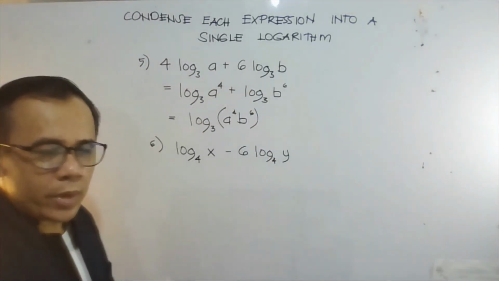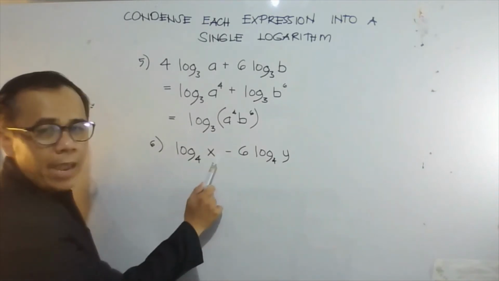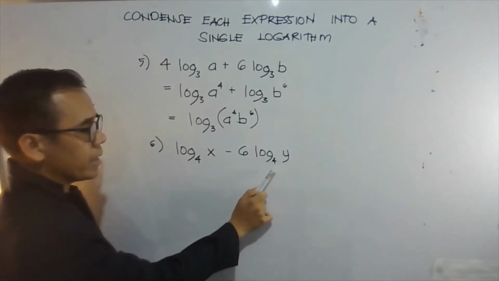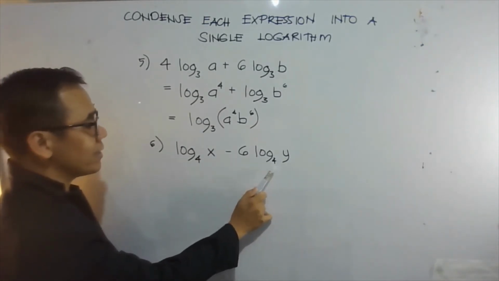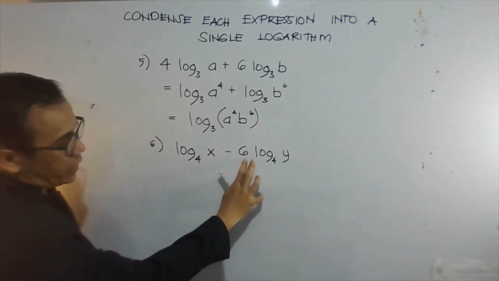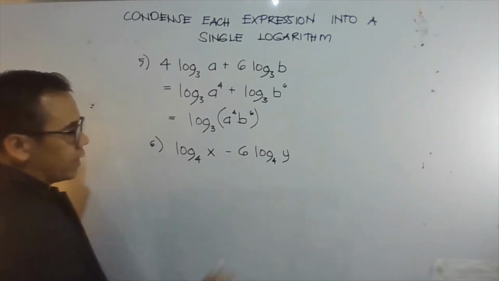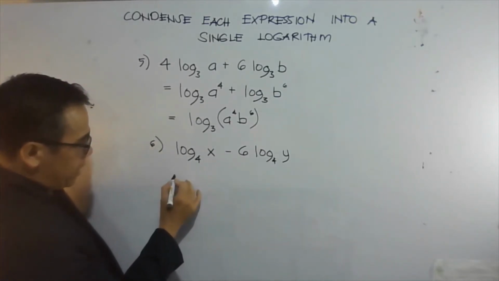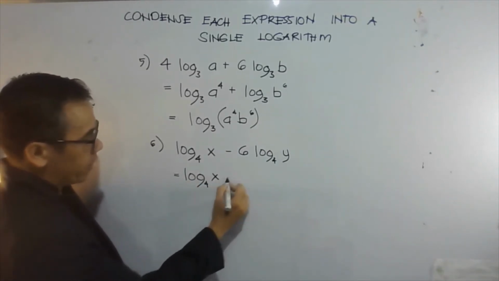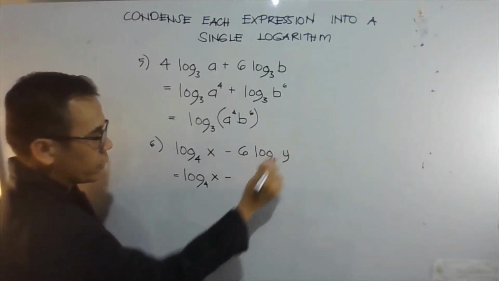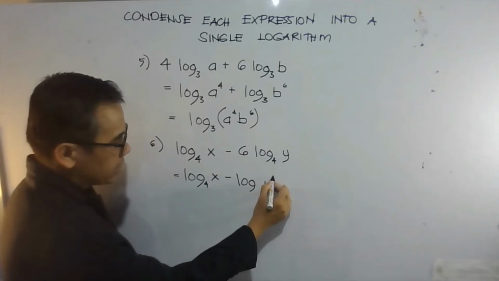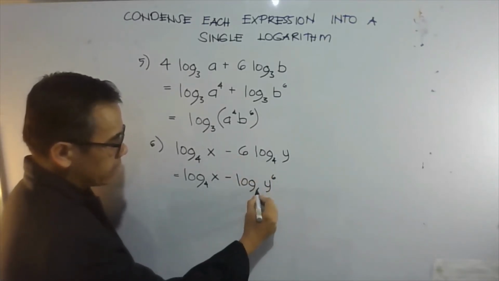In problem number 6, we have this expression: the log of x base 4 minus 6 log of y base 4, and we are asked again to condense this expression into a single logarithm. So we have to simplify this one first. It will become the log of x base 4 minus, applying the power rule, the log of y raised to the power of 6 base 4.